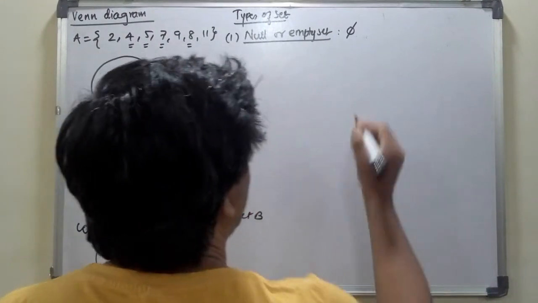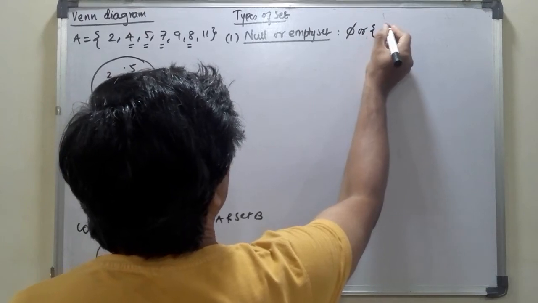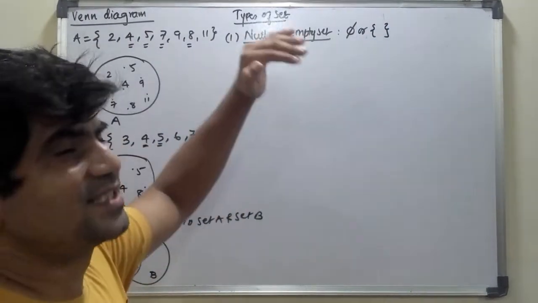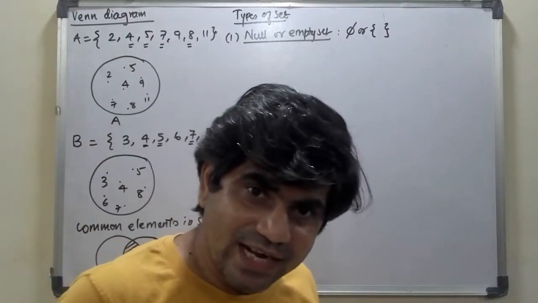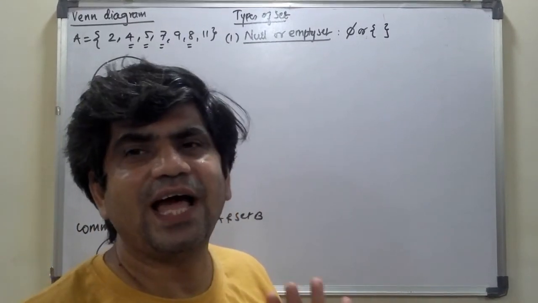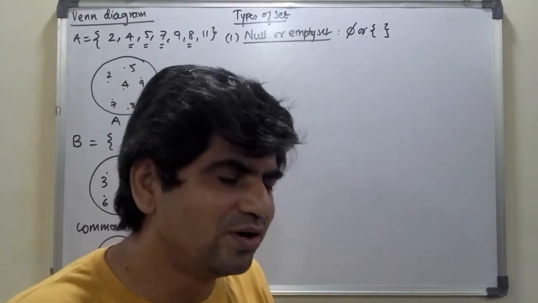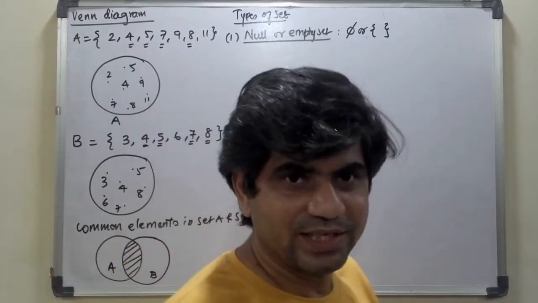Or you can simply write it like this, indicating empty. A set is called an empty set if it does not have any element. यानी एलिमेंट ही नहीं हो तो उसको empty set बोलते हैं.